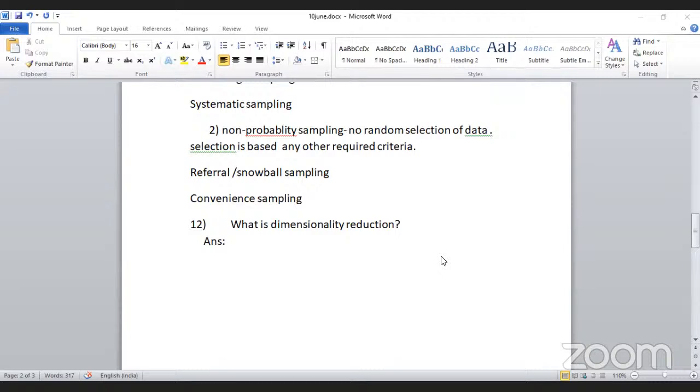Removing redundant features, yes, that is okay. And PCA is the technique we use for dimension reduction. Yeah, that's right.